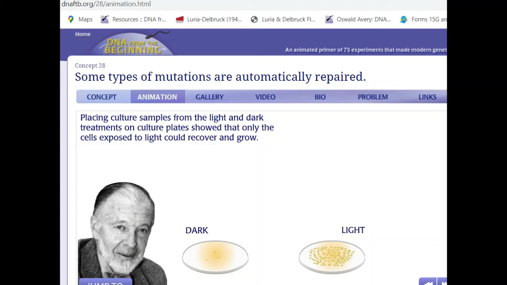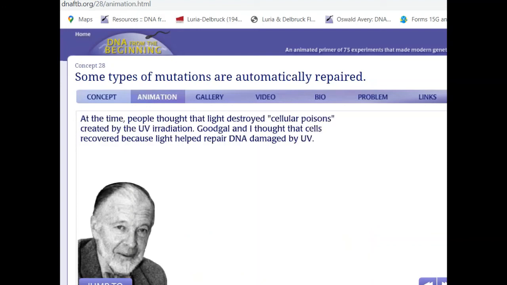So he concluded that something was responsible for the UV damage, and he described that as a cellular poison which was mainly generated by UV irradiation.